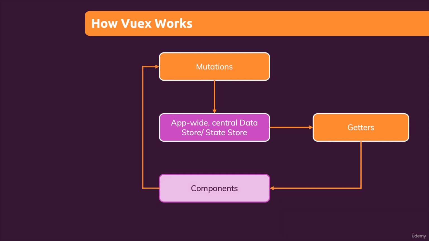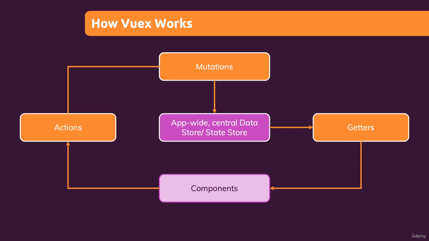Besides mutations and getters, it also has actions. And components should trigger actions, which then in turn commit mutations. Because actions can now use asynchronous code. And because of that, it's actually considered a good practice in general to always put actions between components and mutations, even though components could commit mutations themselves, and that wouldn't be a problem if you only had synchronous code.